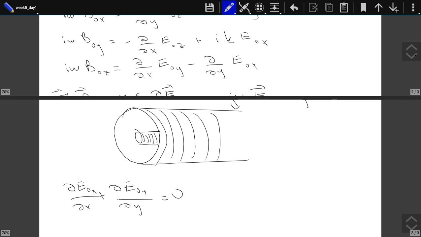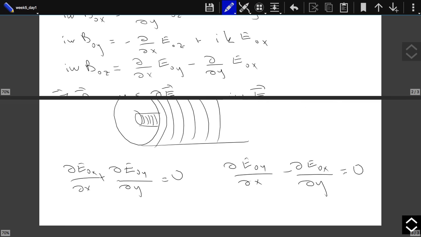If B0z is equal to 0, we also know that del E0y by del x minus del E0x over del y, this is equal to 0. Well, this is nothing but in 2 dimensions, not in 3, but in 2 dimensions. This is the divergence of E is equal to 0. This is the curl of E is equal to 0 in 2D.